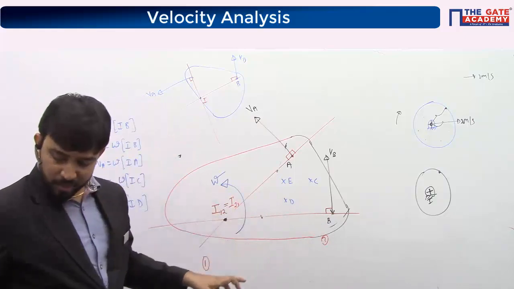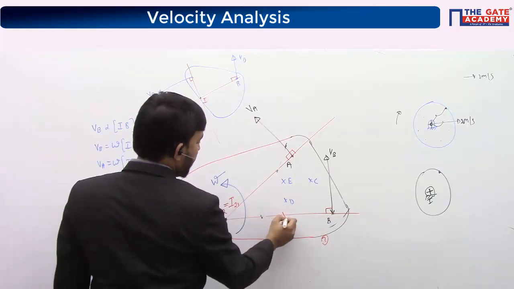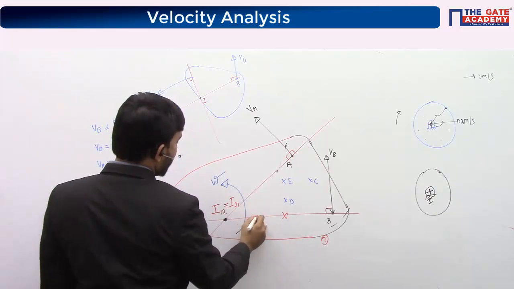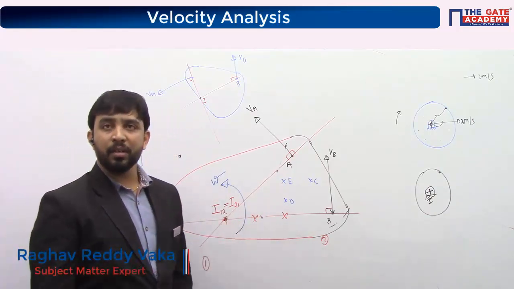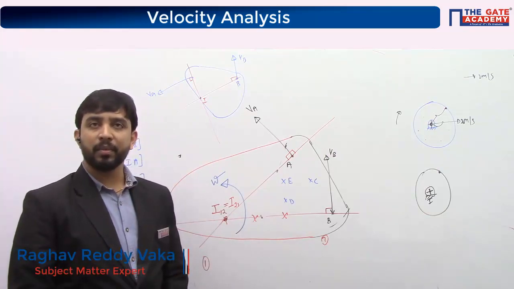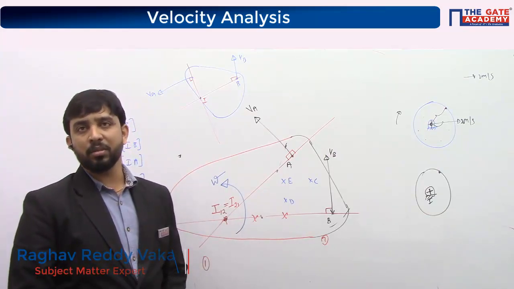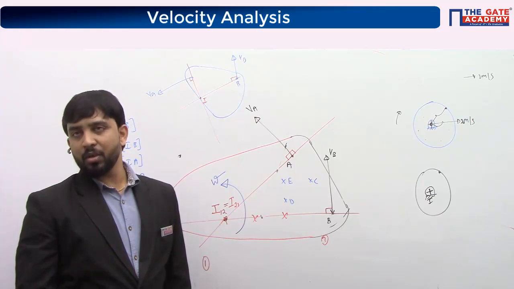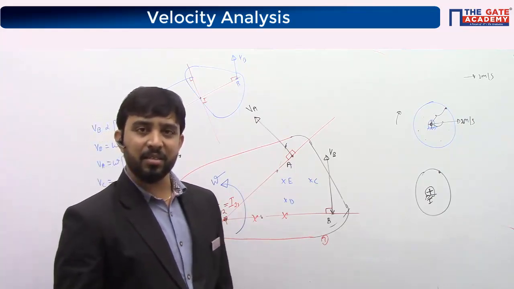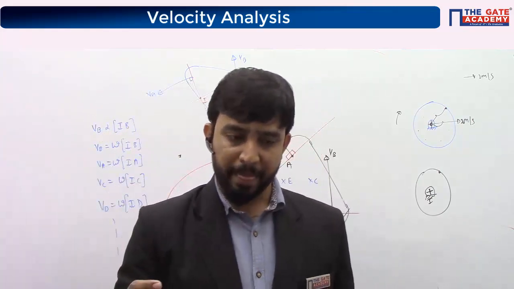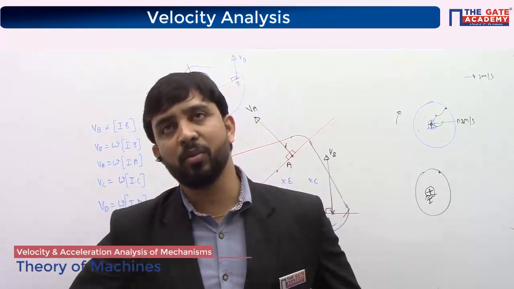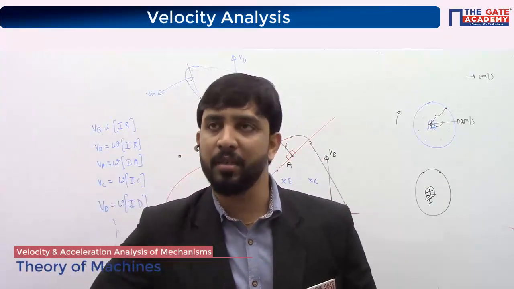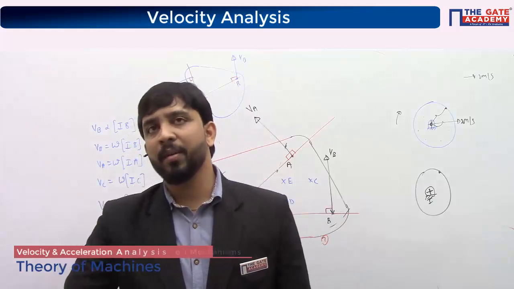If you find the velocity of any point, this point, r times omega, this point, r times omega, and this point, r is 0, so its velocity is 0, and the velocity of the body is also 0. So whenever I say the common instantaneous center for two bodies, there should not be any relative velocity between the two coincident points at that I center.